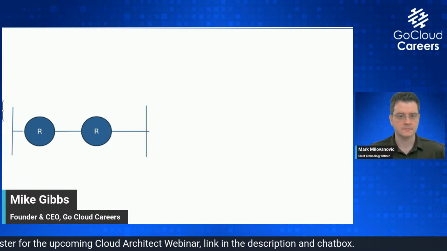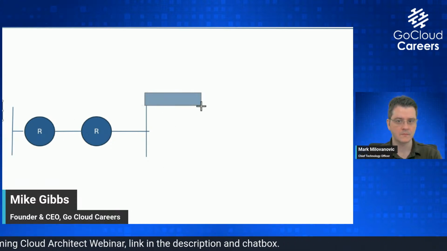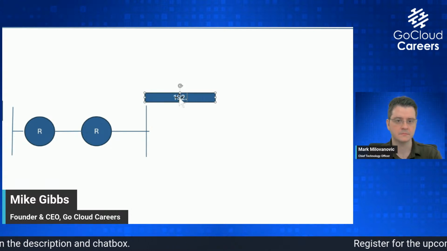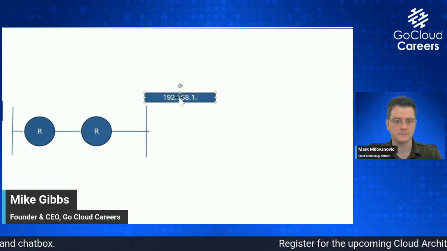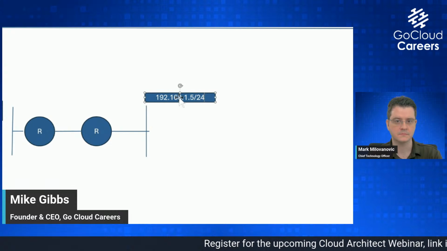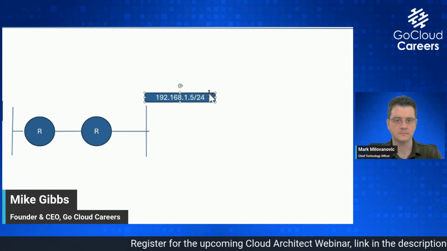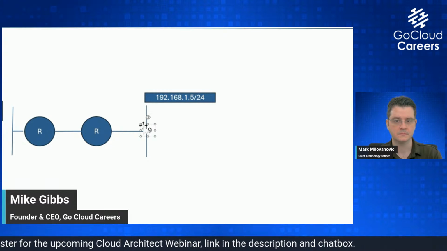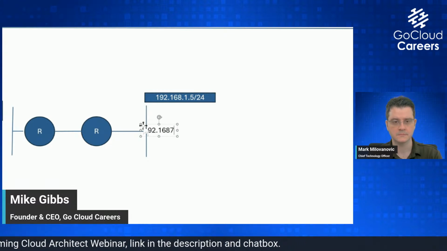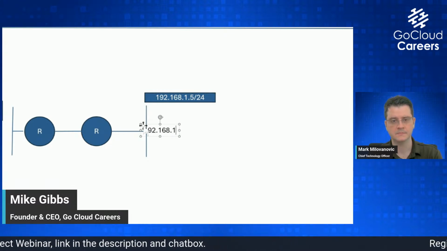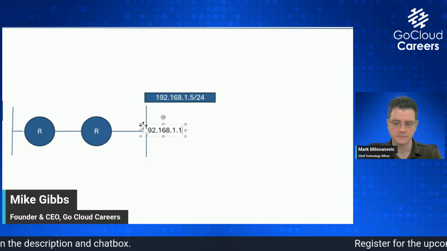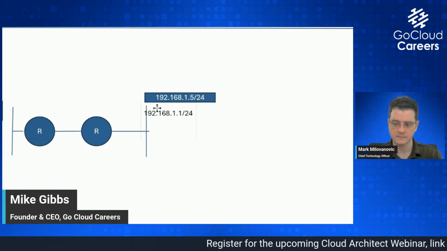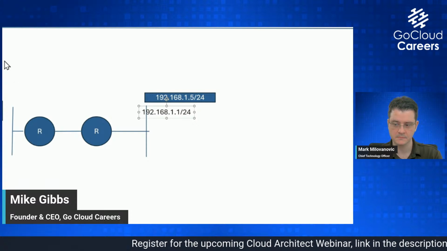And here we've got a server. And the server's IP address is 192.168.1.5/24. And the router's IP address is going to be 192.168.1.1/24. So you can see this server and the router are on the same subnet.